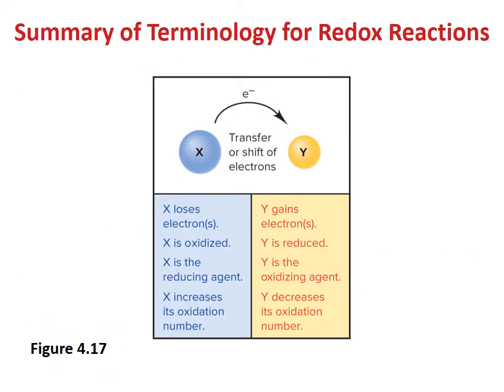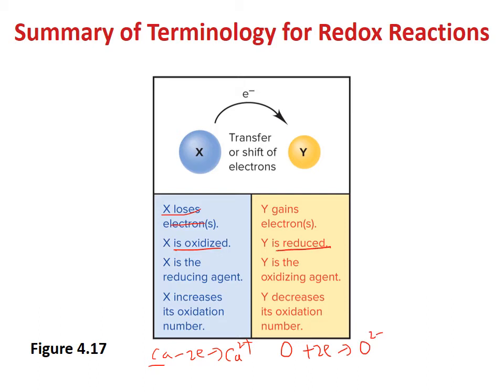Here shows the summary of terminology for redox reactions. When a substance loses electrons, it is oxidized. So a cation loses electrons and becomes cation 2+. So the cation is oxidized. On the other hand, oxygen gains electrons to form oxide, so oxygen is reduced.